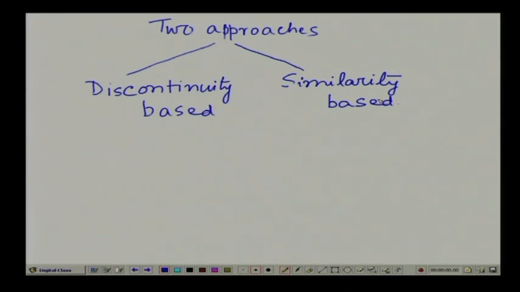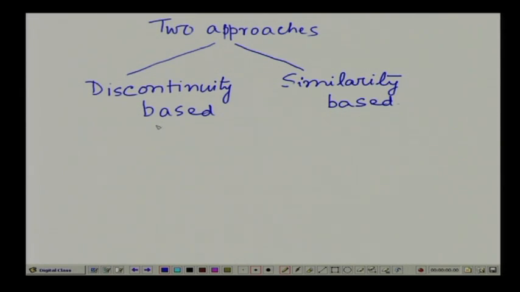In the discontinuity based approach, the partition or subdivision of an image is carried out based on some abrupt changes in intensity levels in an image, or abrupt changes in gray levels of an image.